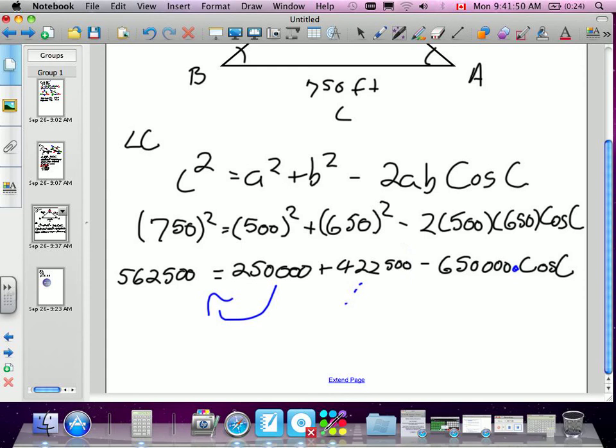So I'm going to move this side over and this side over to the other side of the equation, these numbers. So we have 562500 minus 250,000 minus 422,500 is equal to, this is a negative number.